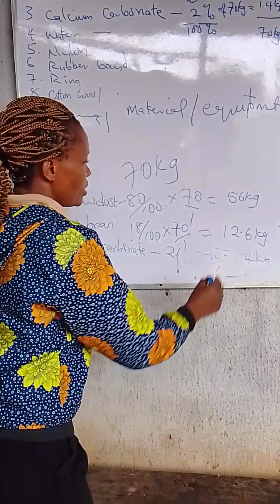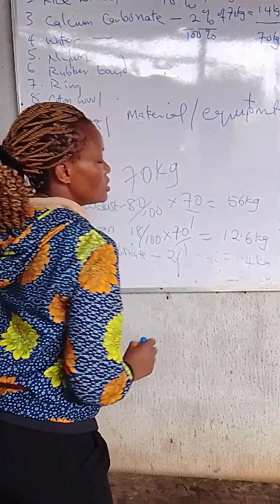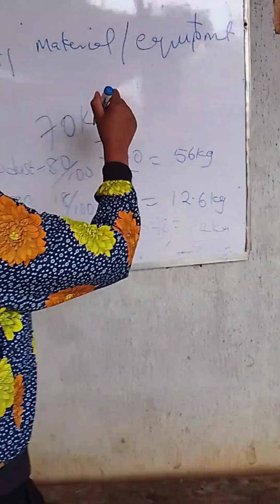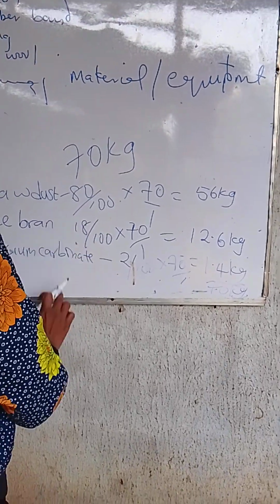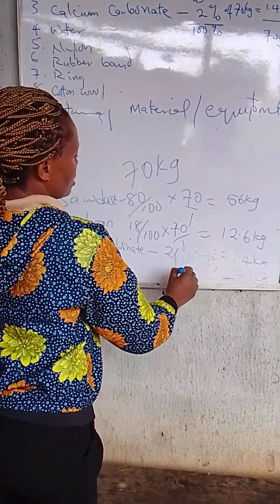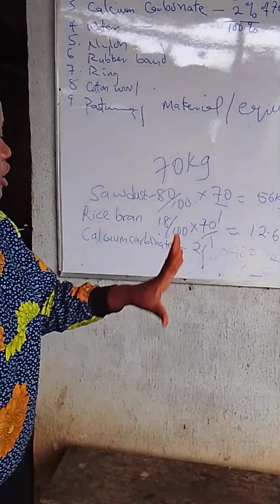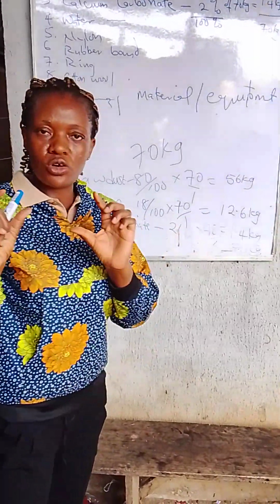So when you sum all these things, it's going to give us 70 kg total, and the summation of 80%, 18% and 2% gives us 100%.